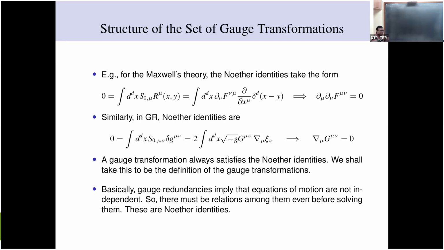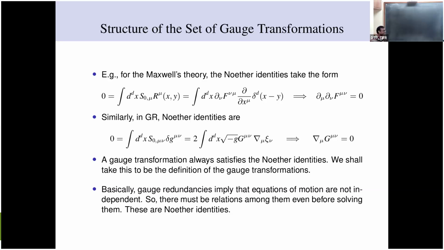There must be relations between these equations of motion, and these Noether identities represent those relations. We shall take these Noether identities to be our definition of gauge transformations.